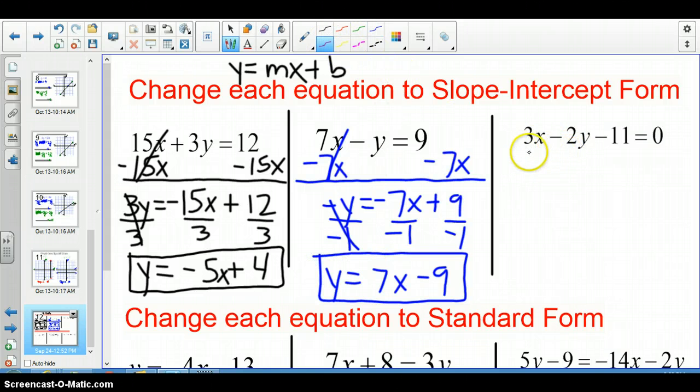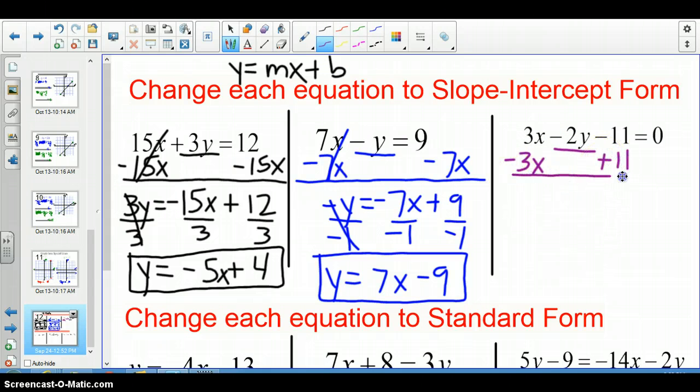The next one, I need to get y all by itself. So maybe what you could do is just underline what you have to get all by itself. Make things stand out to you. So for that last one, underline the negative y or circle it. Do something that makes those stand out. So here I need to get negative 2y all by itself. So that means I need to subtract 3x and add 11.